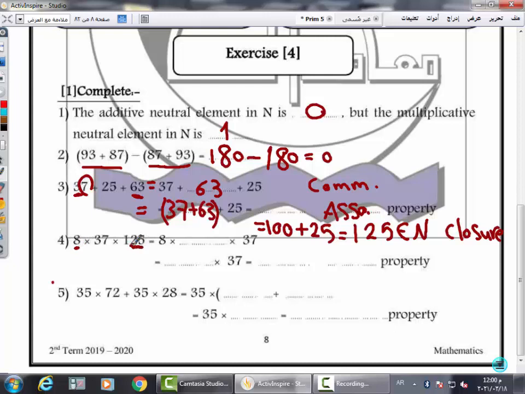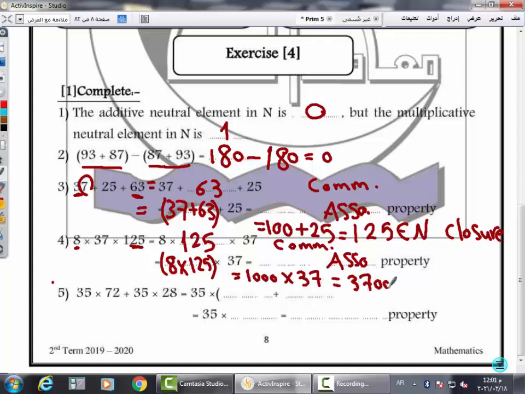We will put 8 times 125, and this is called commutative property. 8 times 125 between brackets times 37 is called associative, and the result will be 8 times 125 equals 1000 times 37 equals 37,000, and 37,000 belongs to natural. This is called closure property.